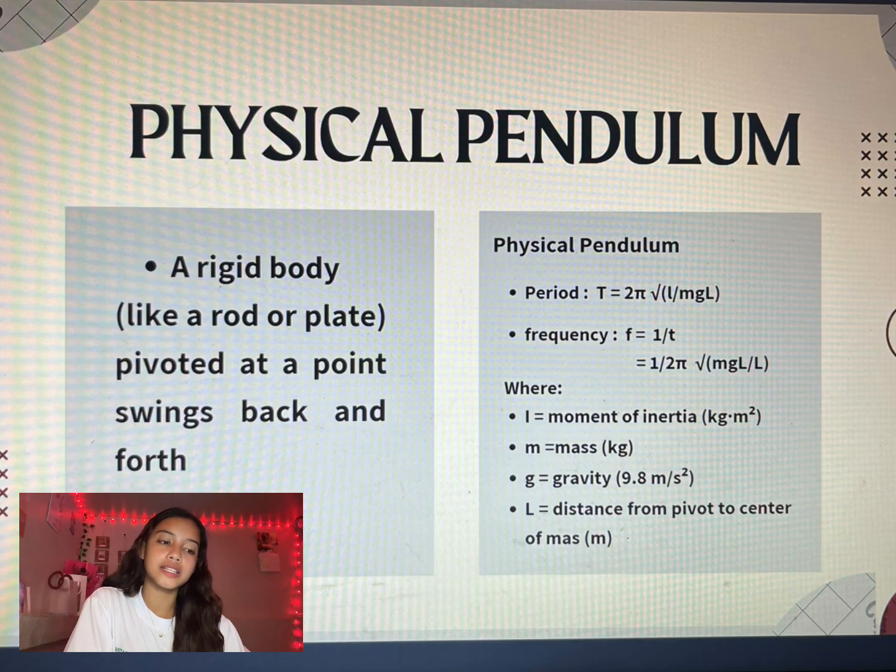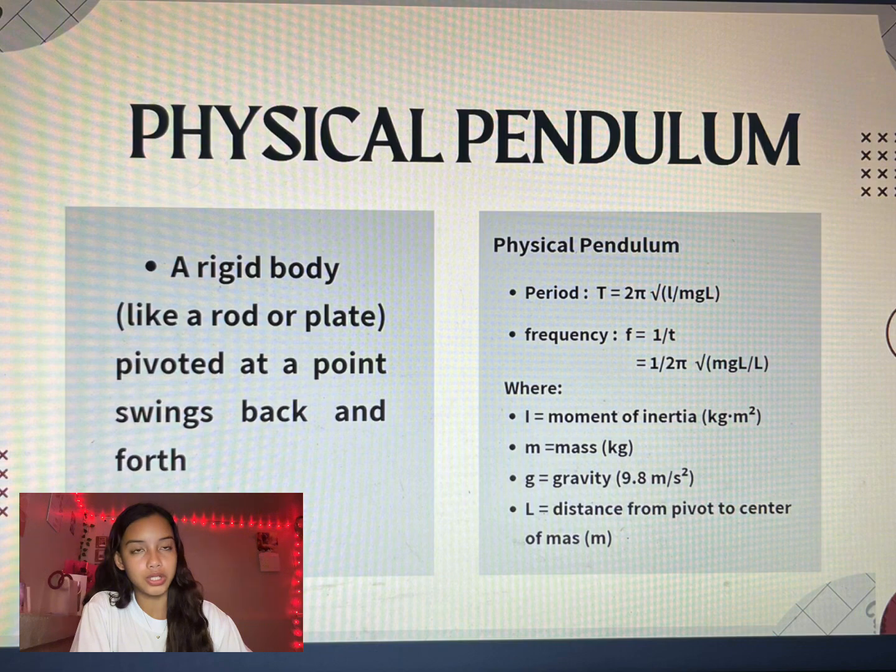The time it takes to complete one full swing is called the period, or T, and it's given by the formula T equals 2 pi square root of I over mgL, where I is the moment of inertia in kg times meter squared, m is the mass in kilograms, g is the acceleration due to gravity, 9.8 meters per second squared, and L is the distance from the pivot to the center of mass.